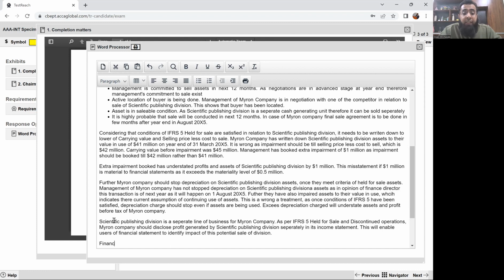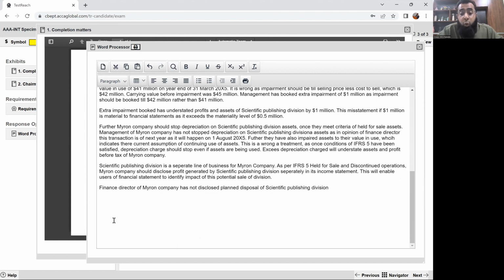Now, the finance director of Myron company has not disclosed the planned disposal of scientific publishing division, nor has adjusted values in relation to it.